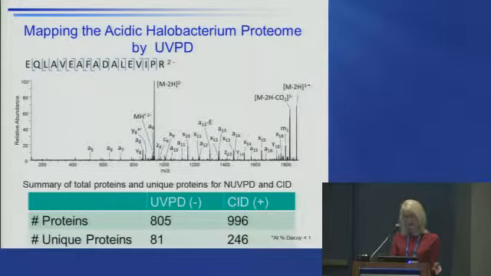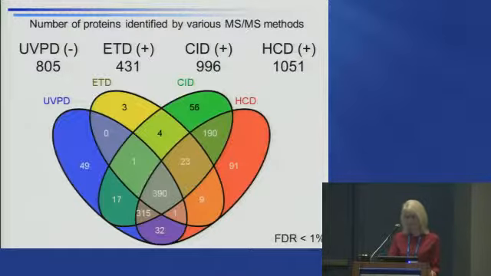And when we look now in the negative mode with the UVPD results, 800 proteins identified, and in this case, just over 80 unique proteins that were identified that were not found by CID. So if some of those were proteins of particular interest, they might not have been seen by CID alone. And so the combination of the positive and negative modes really adds a more comprehensive look at the proteome.